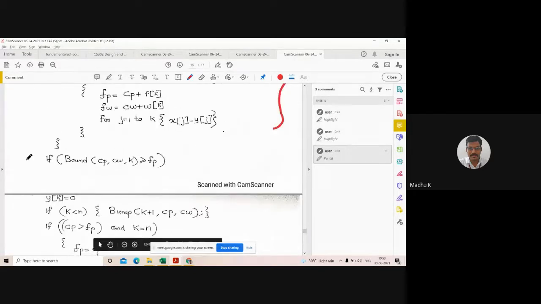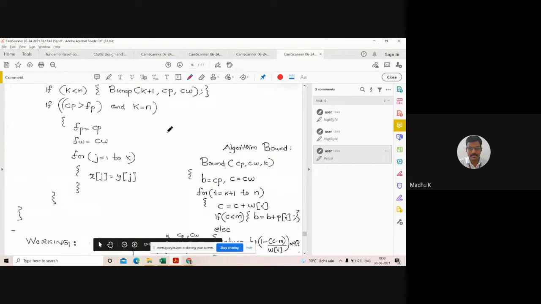This is equivalent to generating the right child, and in that we will call the bound function. If the bound function is satisfied, then we will try to generate the right child. So this is the code for generating the right child.